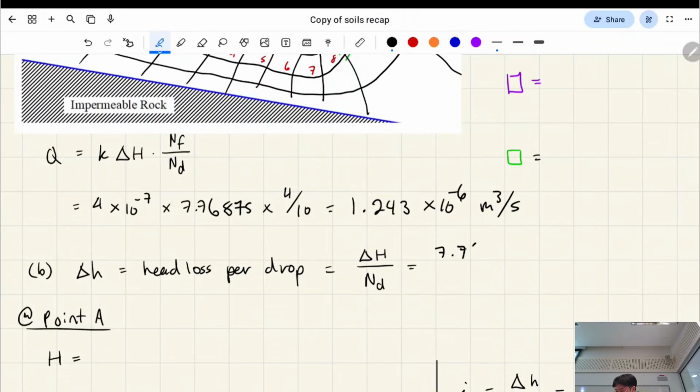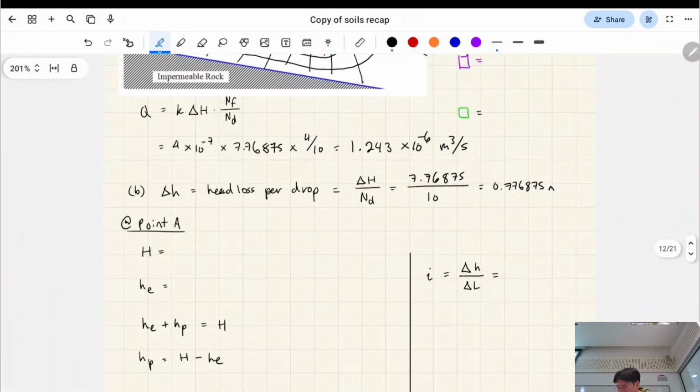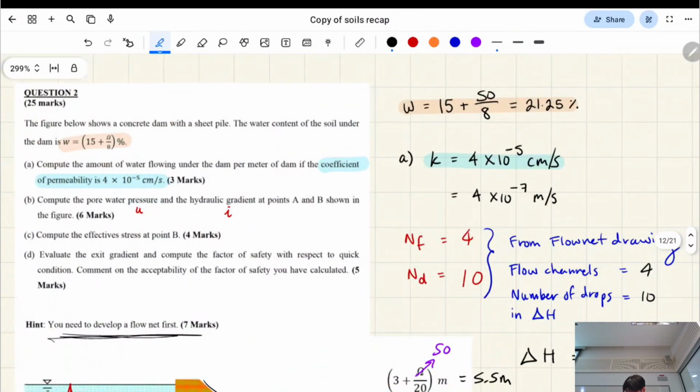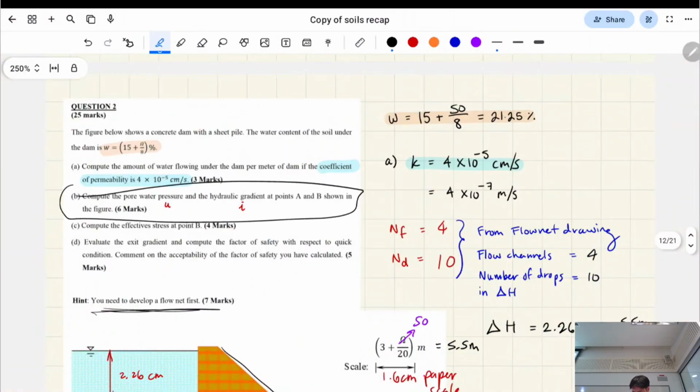So that's our total head divided by the number of drops. Easy peasy.